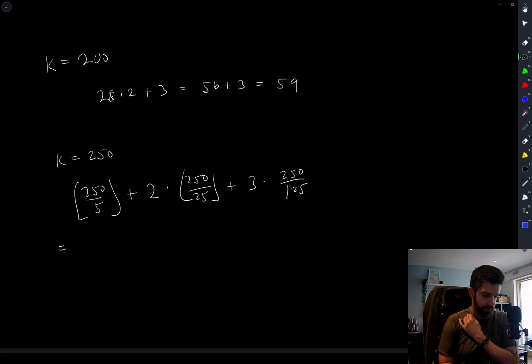This is equal to 50 plus 250 over 25, which is 10, times 2, 20, plus 6, which is 76.